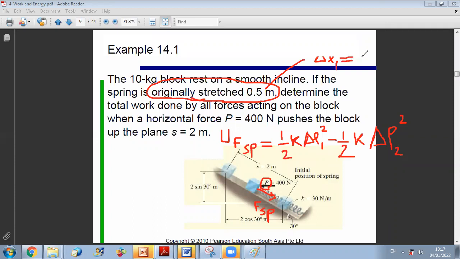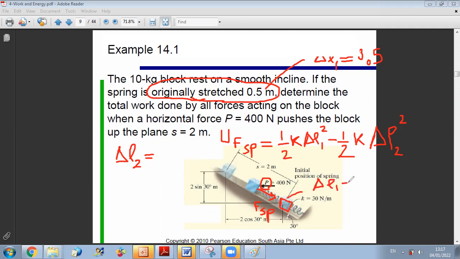How to calculate delta L2? Who will give me the value of delta L2? What is the final stretching of the spring at state 2, delta L2? Two? No, not 2. Look, why it's not 2? Because originally when you were at this position already, delta L was 0.5, okay?